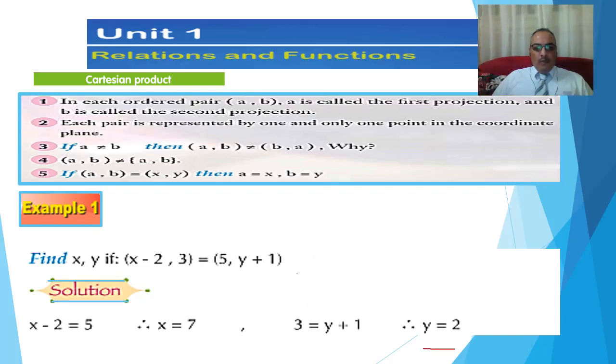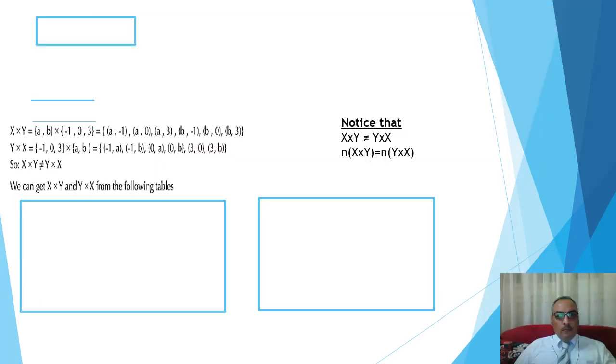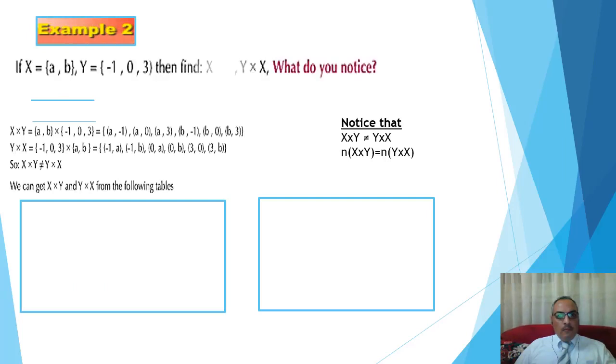Now we learn together the meaning of Cartesian product. How come? Set X is A and B, and set Y is negative 1, 0, 3.